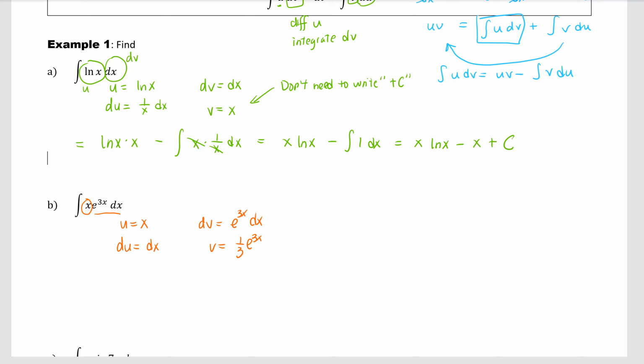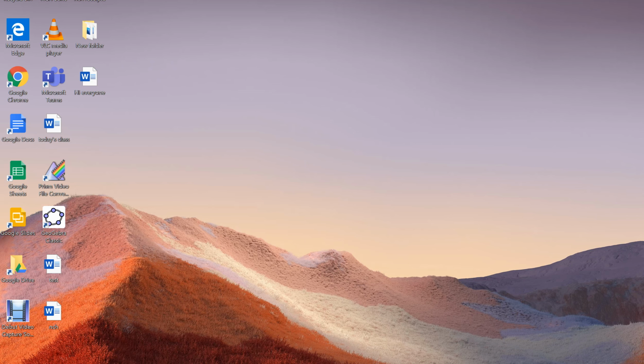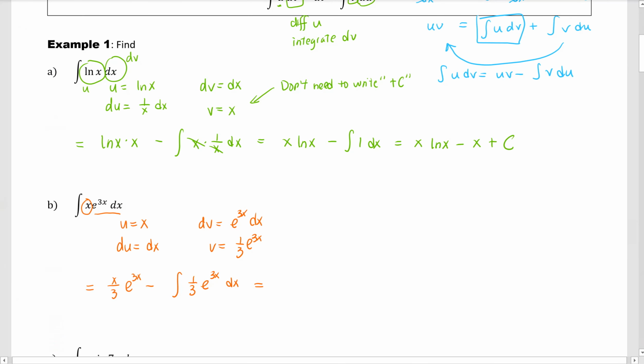And then we use the integration by parts formula, uv, so x times 1/3 e to the 3x minus the integral of v du, which is dx. So that's x over 3 e to the 3x minus, well, what's the integral of e to the 3x?